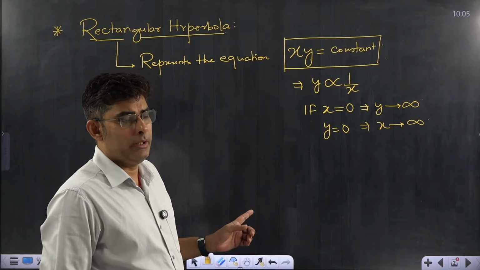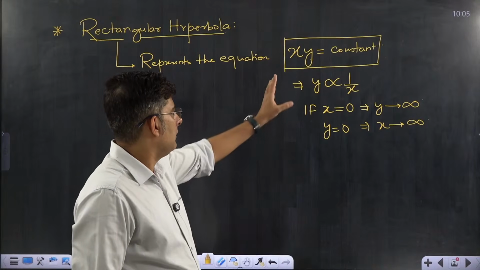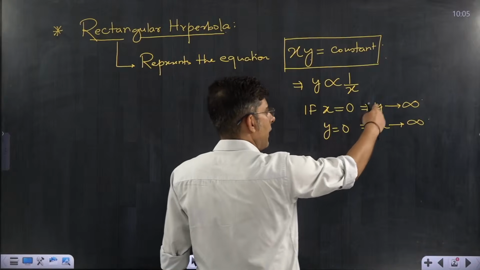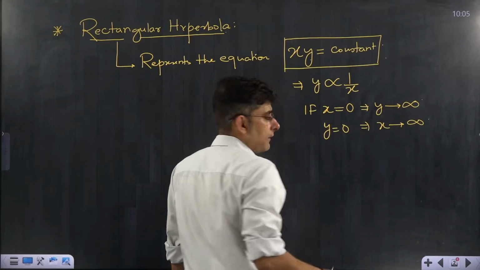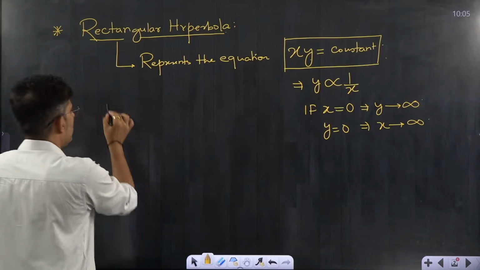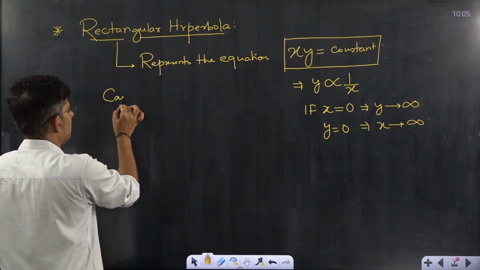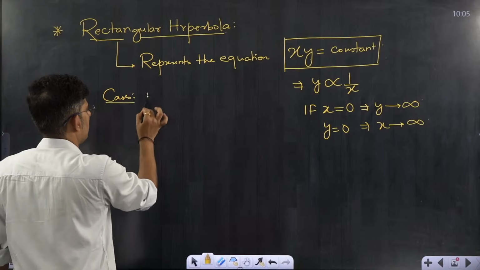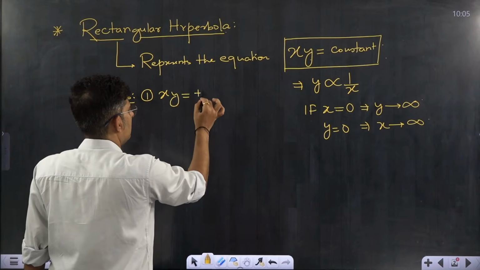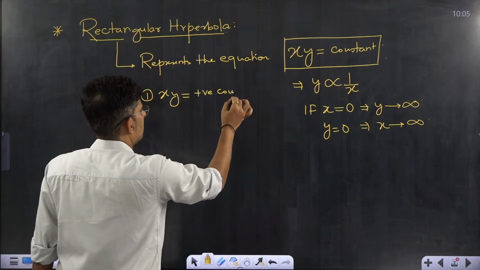Now here, one more important thing is that x into y is constant, you saw y is infinity, x is infinity. How do we draw the graph? We have cases. First, x into y is a positive constant.